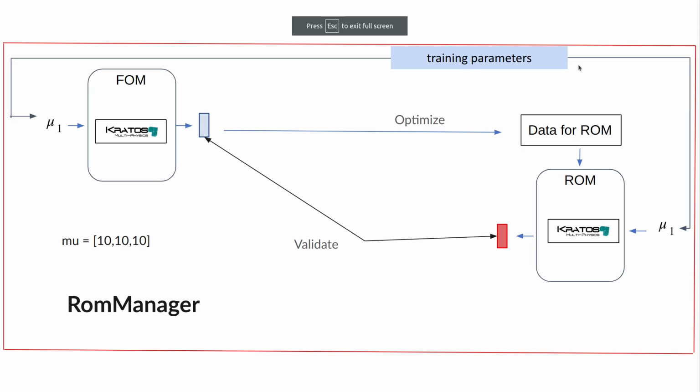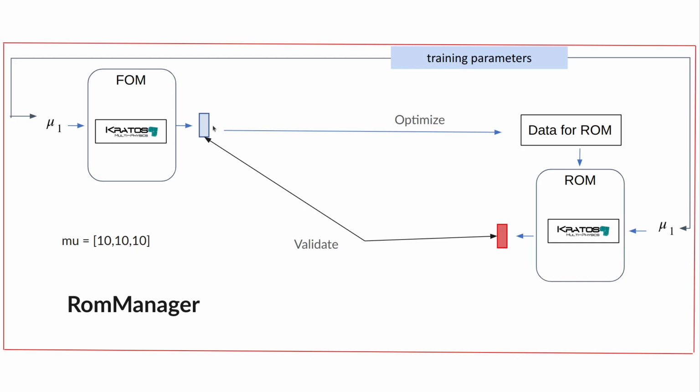We have launched, using the fit method, a single simulation of the full order model. Since we didn't specify anything else, this is the simulation already contained in the project parameters. That is 10, 10, and 10, the modulus of all of the pressures.